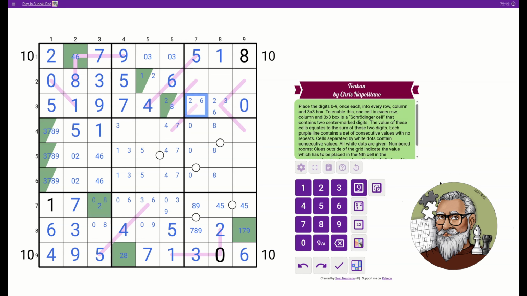That's fine. Then this one isn't green. But if it's 6, then this is 5 or 7. We can't have 5 because we can't have a composite 5 from 1, 4 or 2, 3, and we can't have the digit 5. So this would have to have a value of 7. And if this one has a value of 7, this can't be just 8. So one of those is green, which means that this one isn't green. Now, I don't know why that would matter, but bear with me.